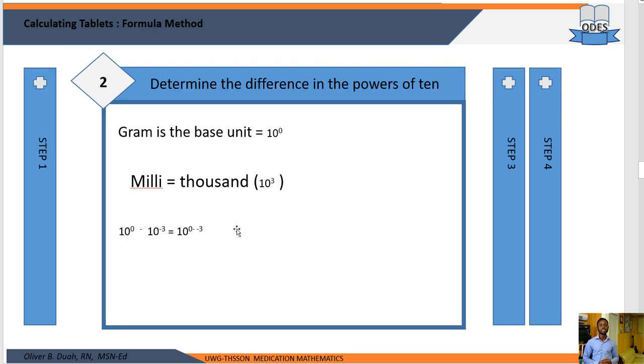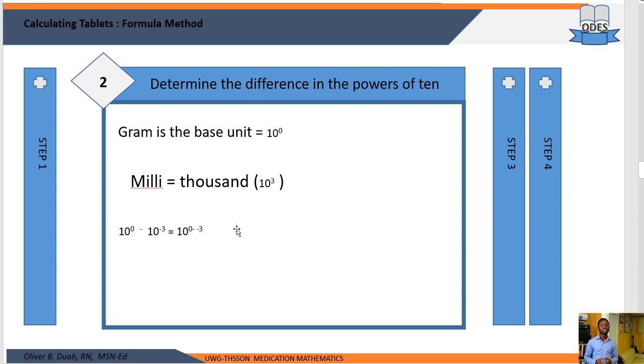Next, we have to determine the difference between the powers. Remember, we said in the metric system, the baseline is always the ones, and the ones is 10 to the power 0, which is 1. Milli is 1,000, which is 10 to the power 3. So the difference between this is 0 minus 3.